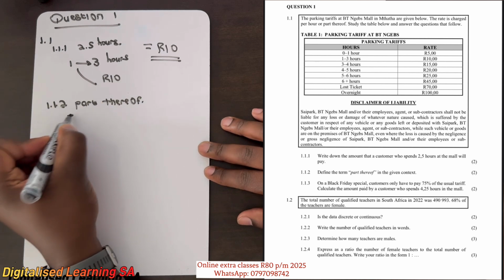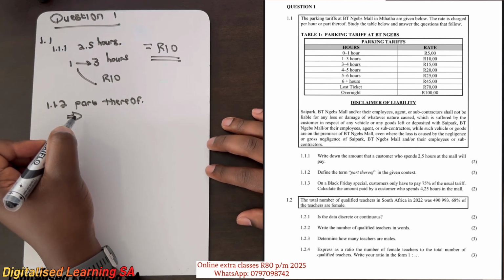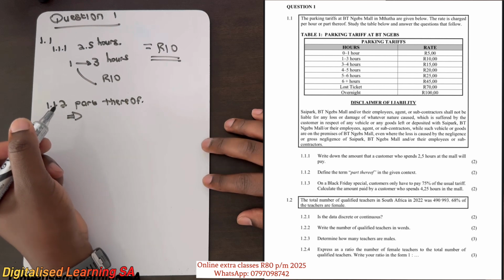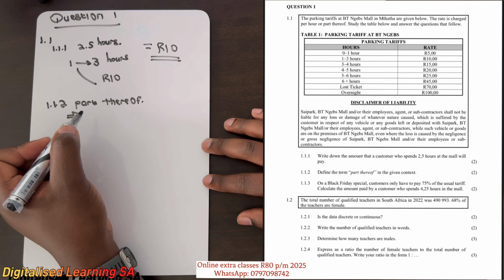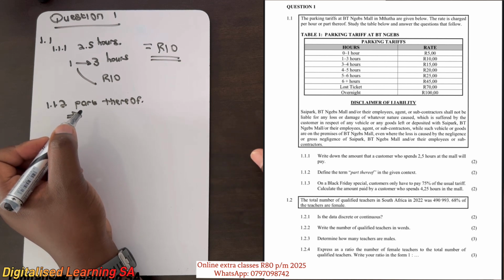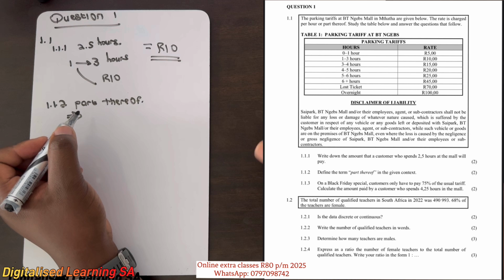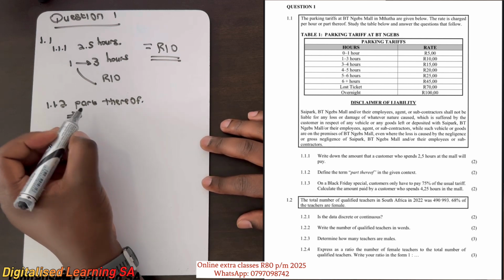So part thereof means that the rate will be paid per full 1 hour, even if you spend less than 1 hour. The rate is charged per hour, so if you spend 30 minutes, you will still pay it in full. It will still be counted as a full hour.